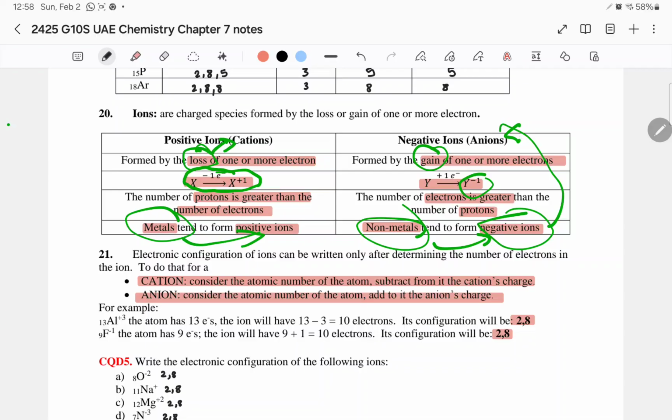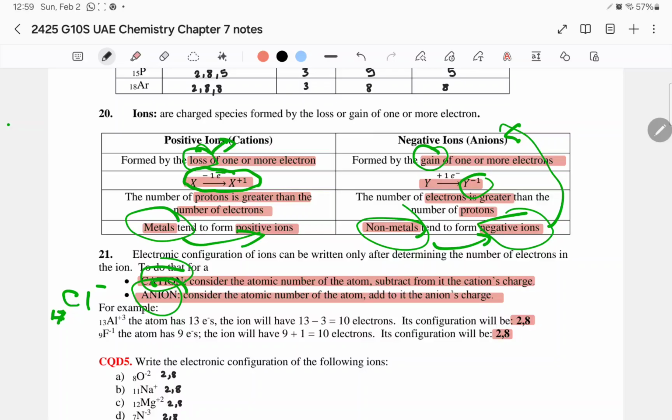Now, the electronic configuration of ions can be written only after determining the number of electrons in the ion. For a cation, take the atomic number of the atom and subtract the cation's charge. So if you have 13 electrons and it is 3 plus, you minus 3. And if you have an anion, like let's say Cl minus, Cl usually has 17 electrons because its atomic number is 17.